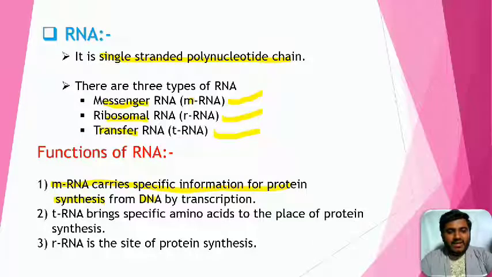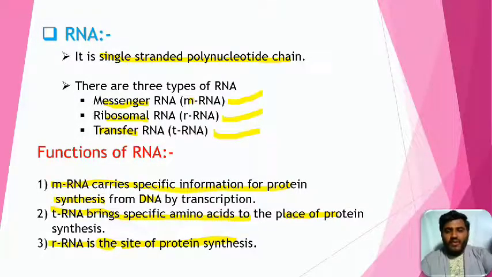Next one, tRNA. tRNA brings specific amino acids to the place of protein synthesis. mRNA carries the information from the DNA for protein synthesis. tRNA brings specific amino acids to the place of protein synthesis. Next one, rRNA. rRNA is a site of protein synthesis. That means this is the position where protein synthesis occurs.